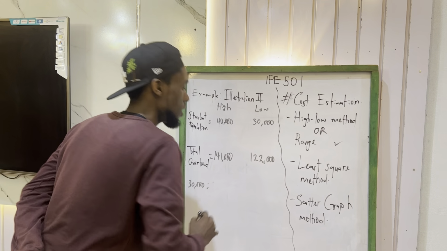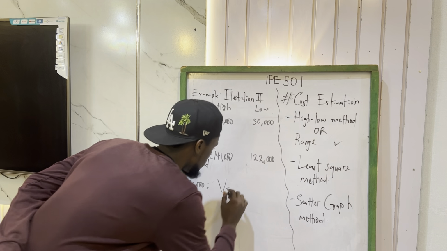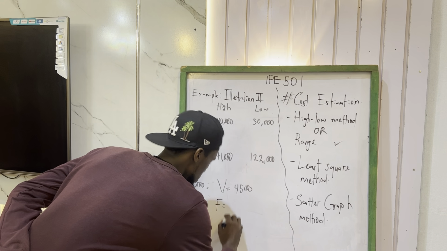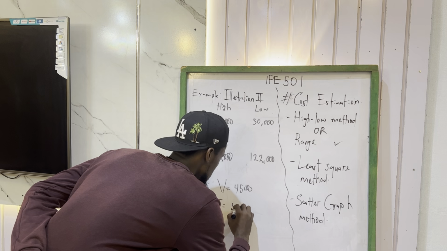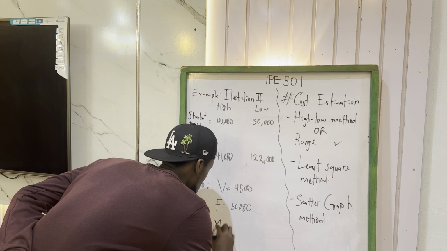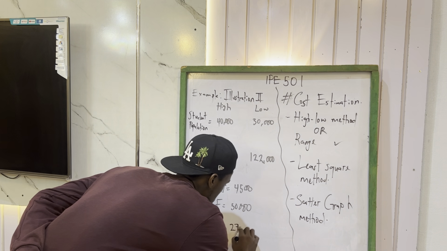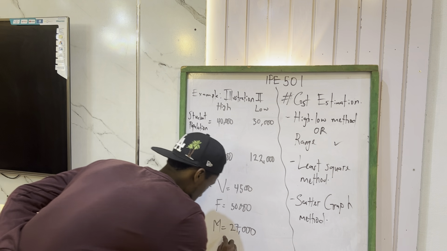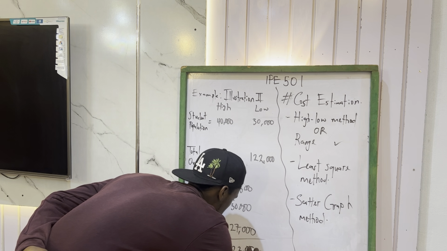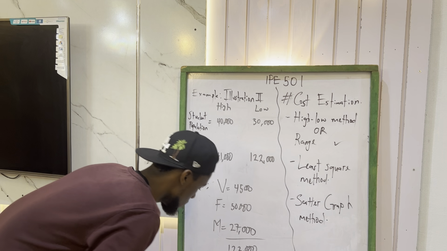Our direct materials, that's the variable cost, V, they put it at 45,000. Our fixed cost, F, they put it at 50,000. And our maintenance cost or mixed cost, they put it at 27,000, wherein the summation is 122,000.